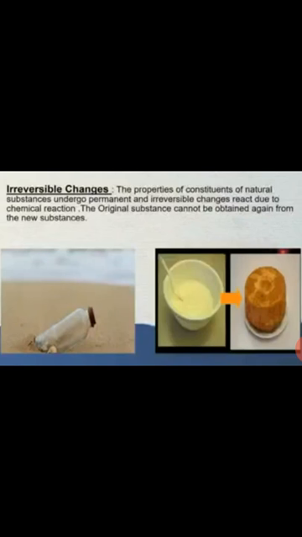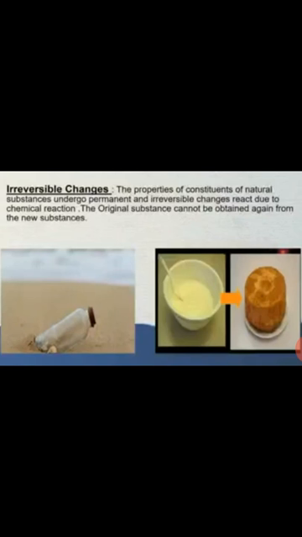So now let's study irreversible changes in detail. Glass can be made from sand and calcium carbonate. However, sand and calcium carbonate cannot be obtained again from glass. Here one example is given: sand and calcium carbonate. With the help of these two, we made glass, right? Now, can we make sand and calcium carbonate again from the glass?